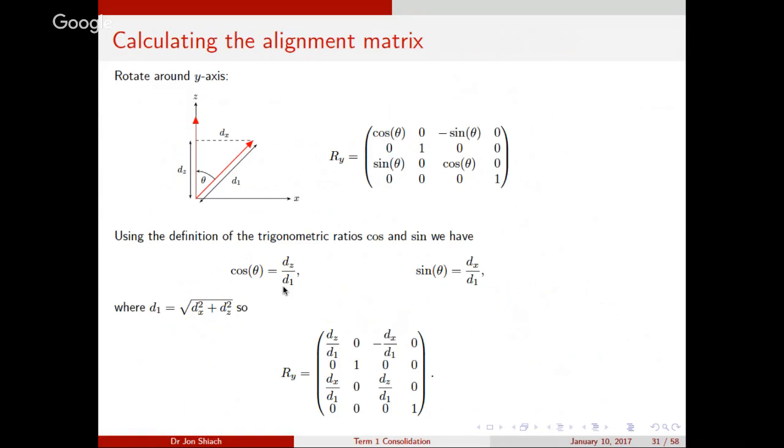So cos is adjacent, which is dz divided by hypotenuse, and sine is dx divided by hypotenuse. Instead of cos theta and sine theta, I replace those with those ratios, and that's our rotation around y matrix.